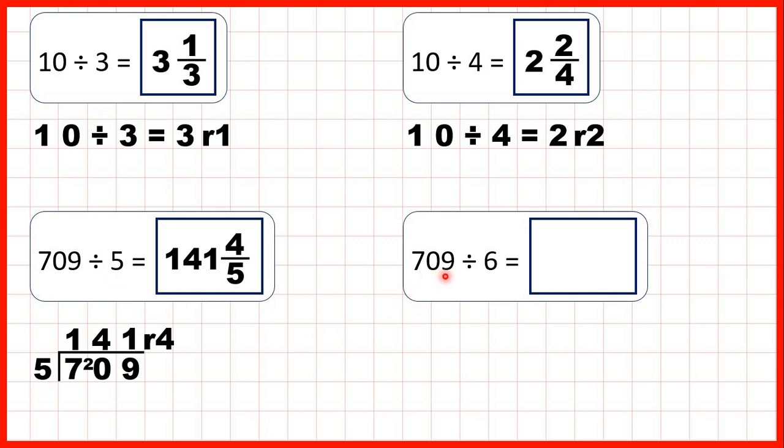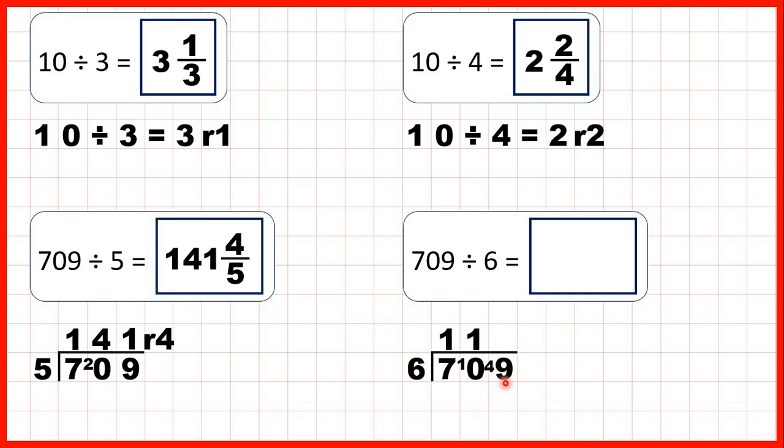Now 709 divided by 6. So we can write it out as a short division. 7 divided by 6 is 1 remainder 1, because 1 times 6 is 6, then we need 1 more to get to 7. 10 divided by 6 is 1 remainder 4, because 1 times 6 is 6, then we need 4 more to get to 10.